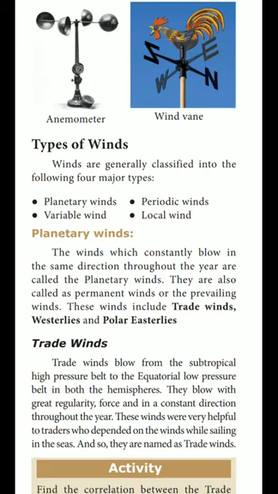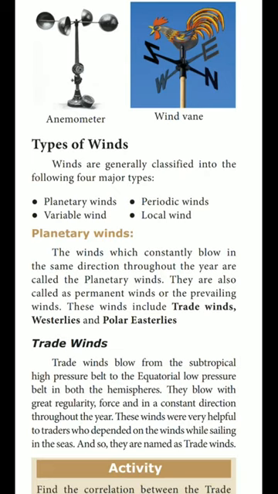The winds which constantly blow in the same direction throughout the year are called the planetary winds. In one year, the wind blows in the same direction. It won't change direction. Suppose it is blowing in the north direction, then throughout that particular year it will blow in the north direction. So it is called a planetary wind.